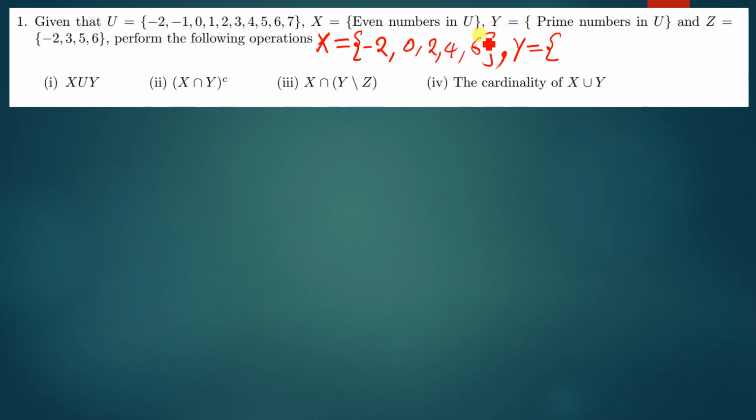Natural numbers are simply just counting numbers starting from 1. So when you start counting from 1, you say 1, 2, 3, 4 going up.